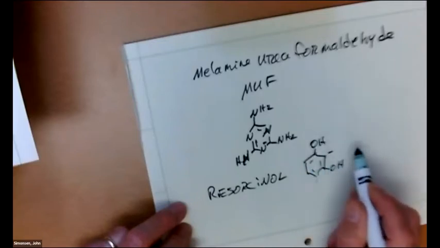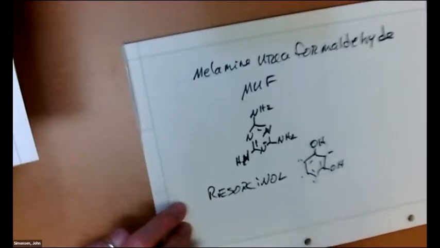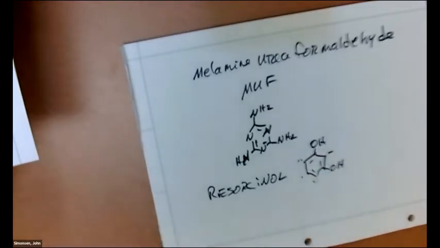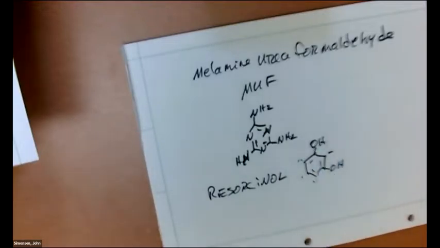So this is going to be really reactive, and you're going to react at all the different sites on the benzene ring here, or the aromatic ring. And so you're doubly activated because you have another hydroxyl group. So it reacts faster, it cures at room temperature, and typically that can be used for CLT.